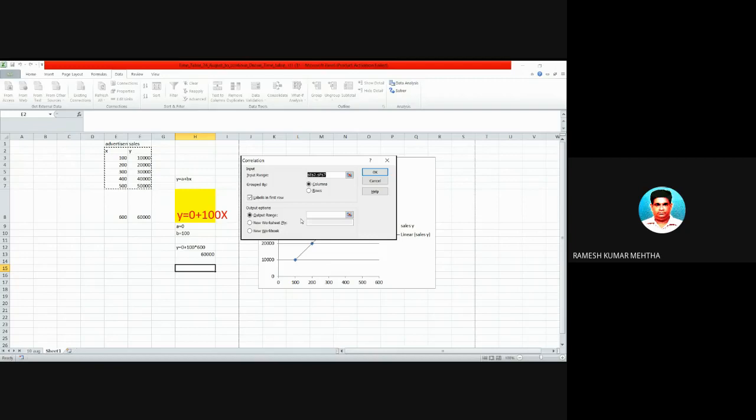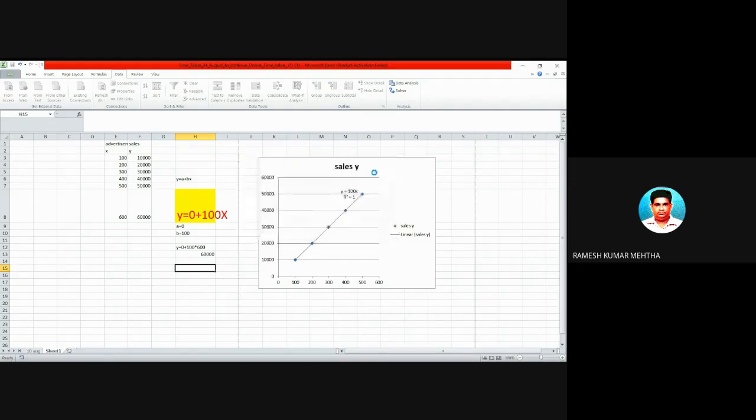Now where do you want the output? Click on this and select any cell which can give you the output. So here I have selected C15 as the place where I want the output, and then I clicked on OK. So the relationship is in front of you.